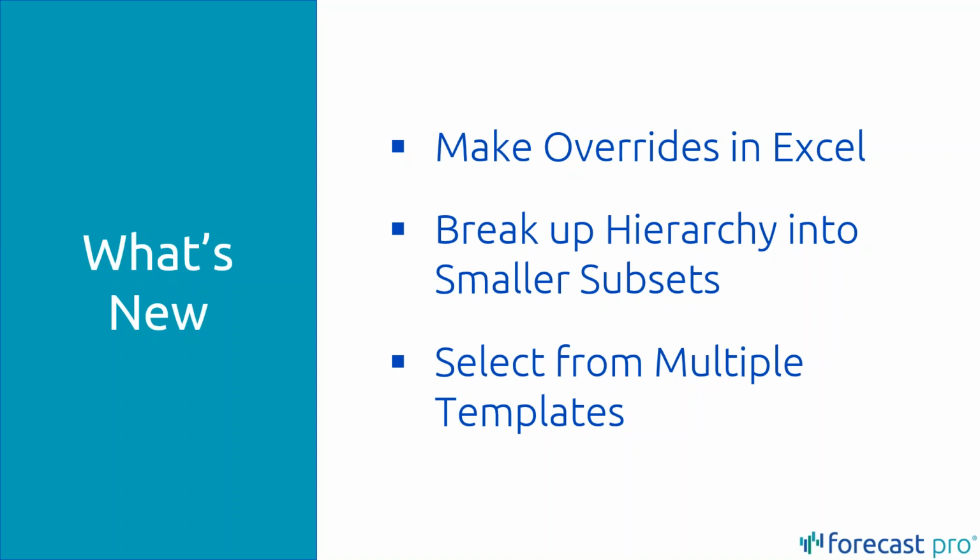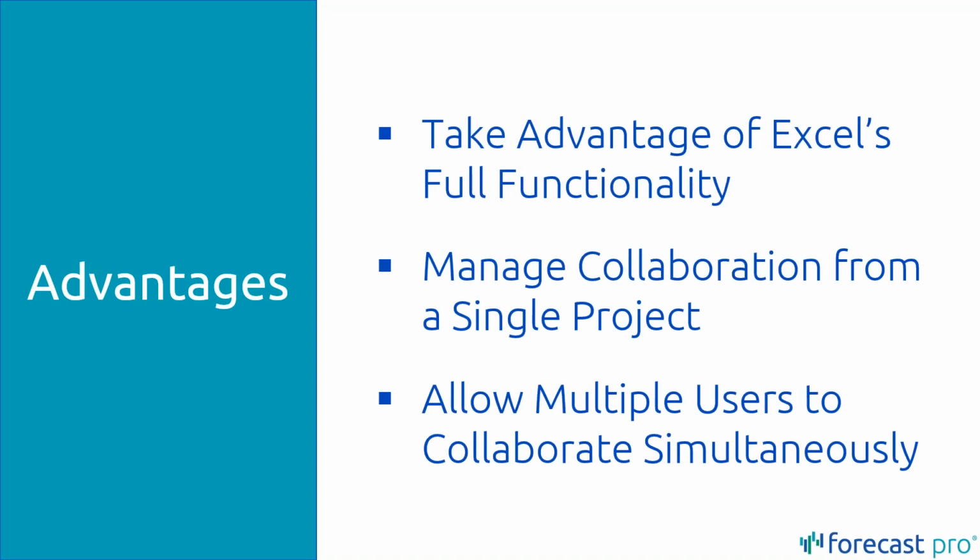So if you were using version 5 or earlier, you can export your forecast to Excel, manipulate it a bit, make some changes and bring them back into Forecast Pro, but it requires a lot of manual manipulation and really understanding how this works. In the new version of the software, we have a manager that controls all of this process. It makes it much more seamless to work in Excel and move the data back and forth when we're making these overrides.